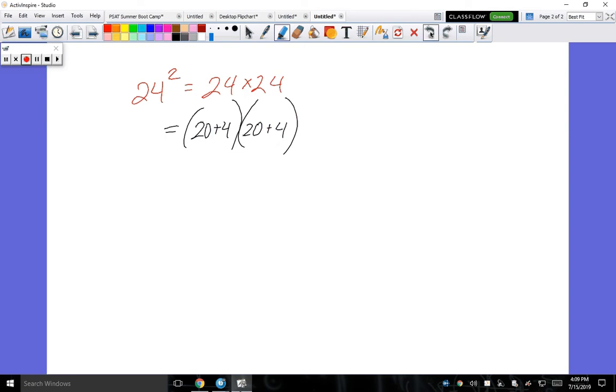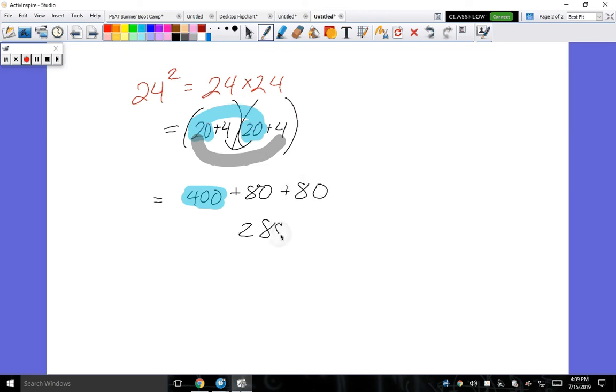So F for first, which is what? 400, because you're multiplying. Now you have this outside term, which is what? 80. Now you have this inside term, which is what? 80. Look at that. There's two 80s.